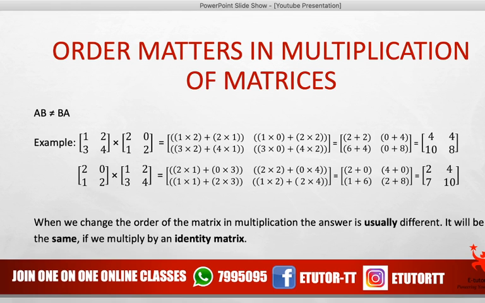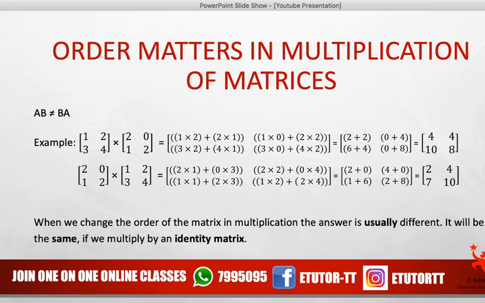So that was A times B, okay? Now if we look at B times A, we have 2 times 1 plus 0 times 3, then 2 times 2 plus 0 times 4, 1 times 1 plus 2 times 3, 1 times 2 plus 2 times 4.